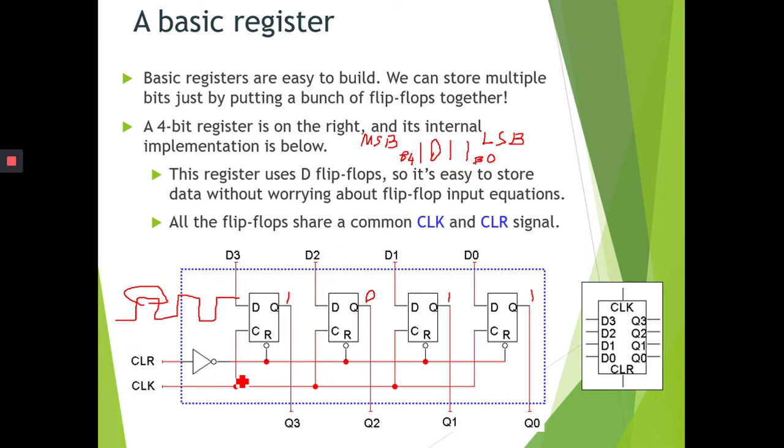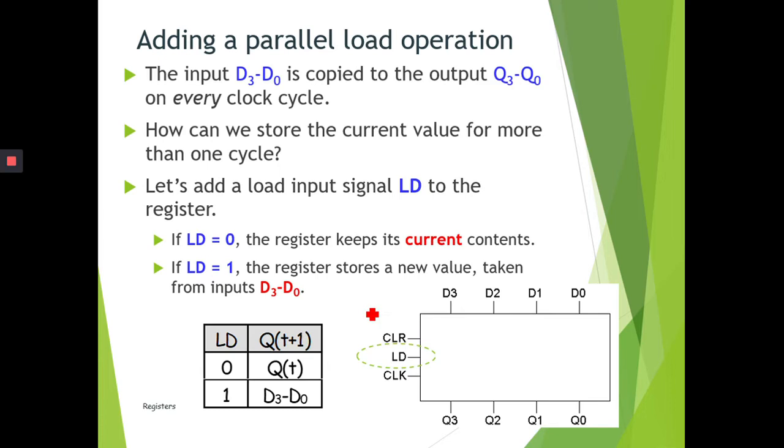When the load is 0, it's going to ignore whatever data you put here. It's going to continuously repeat the same value, 1011. That is what is meant when the load signal is 0. It keeps its current content and does not update with a new value.